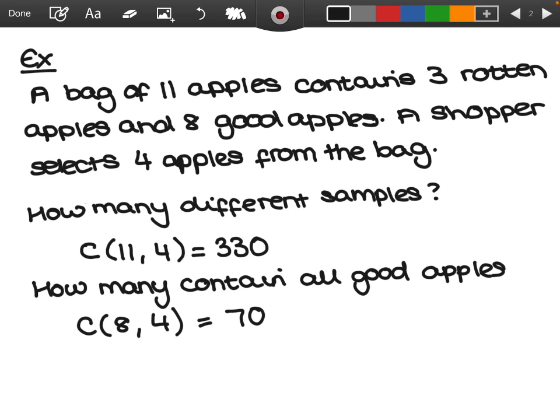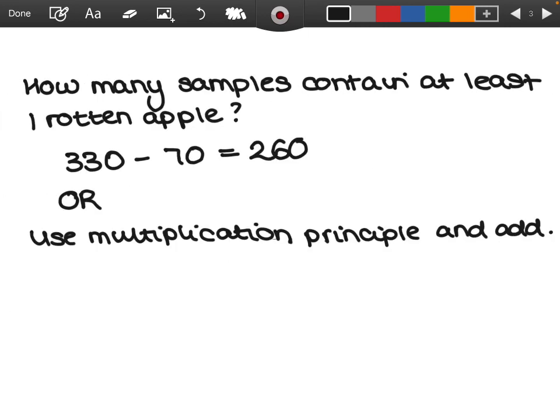So we want the number of ways that we can pick 4 good apples out of the 8. We don't need to worry about the bad apples in this case. We are just looking at the good ones. We want to know in how many ways can we pick 4 of the 8 good apples. Again, the order that they're picked in doesn't matter. So we're looking at combinations where n is 8 and r is 4, which gives me 70.